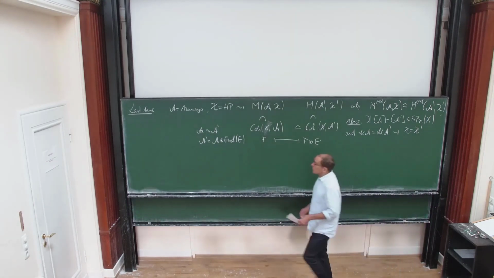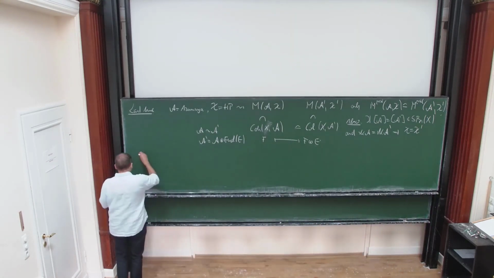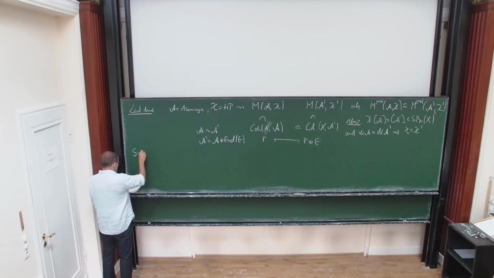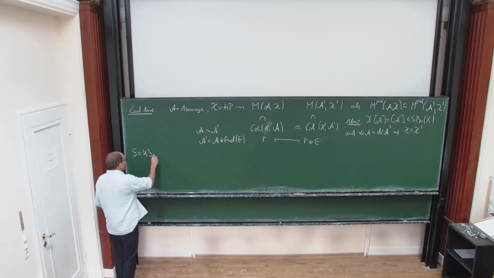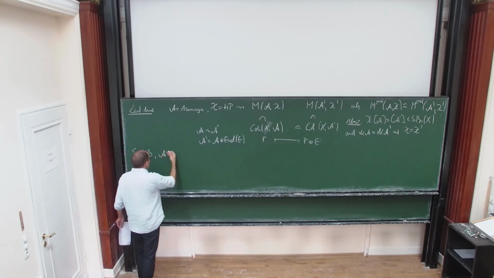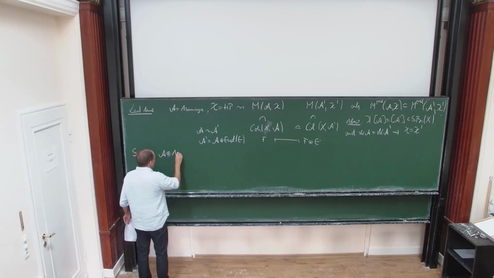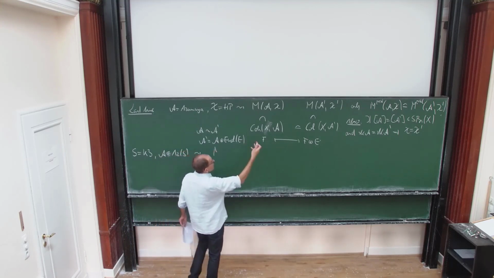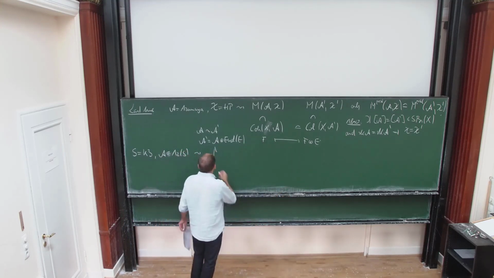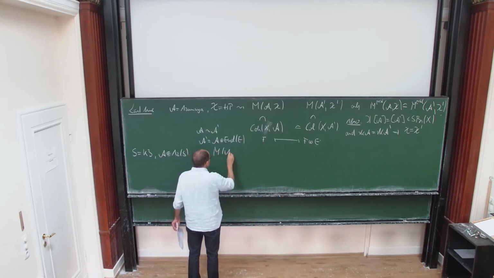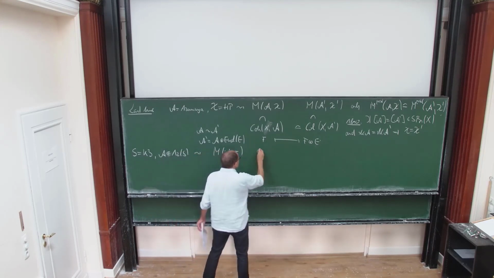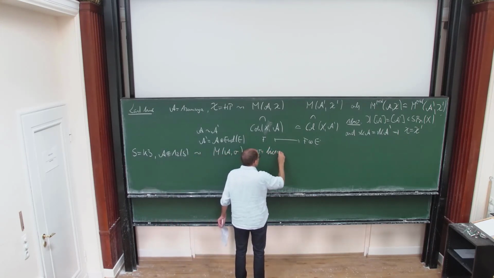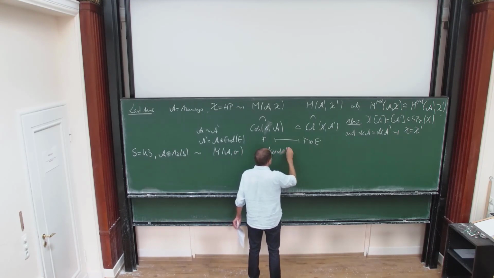Okay, so now I want to switch to K3 surfaces. So I take a K3 surface. I take an Azumaya algebra on S. So usually, instead of looking at the Hilbert polynomial, we fix a Mukai vector.